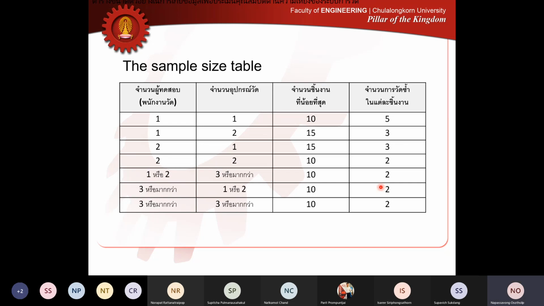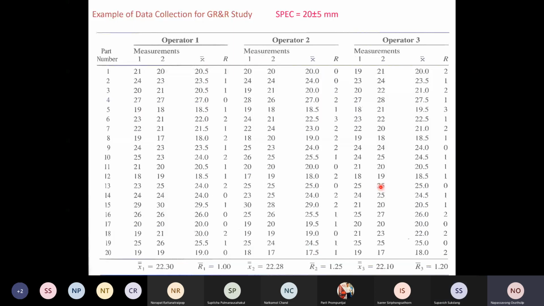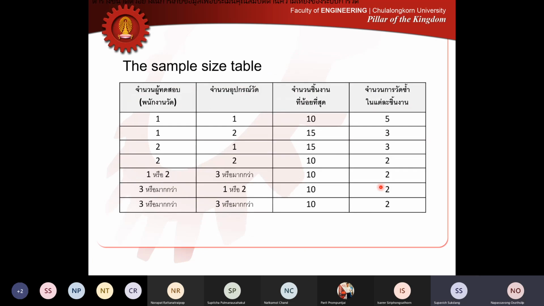So Pavika, are you there? Yes, professor. Okay, so in this data set, suppose we have 3 operators to be appraised. So actually, how many parts should we collect based on this table?